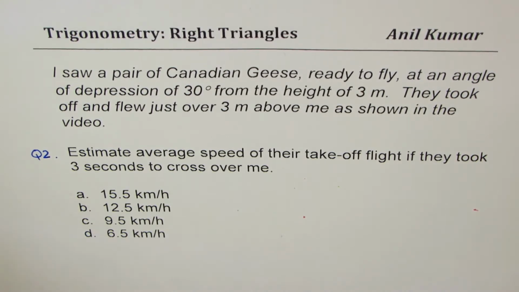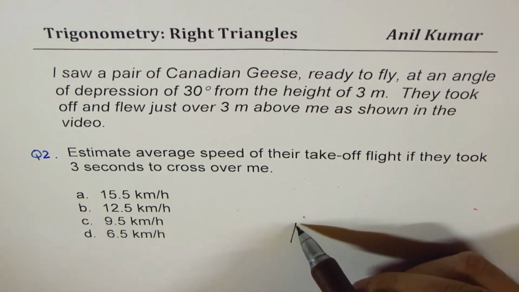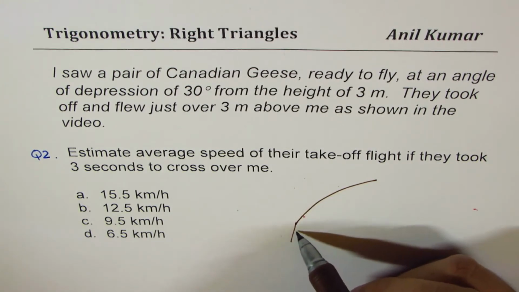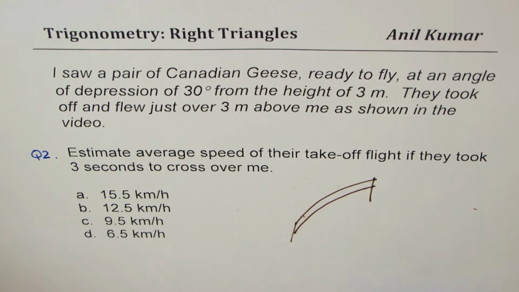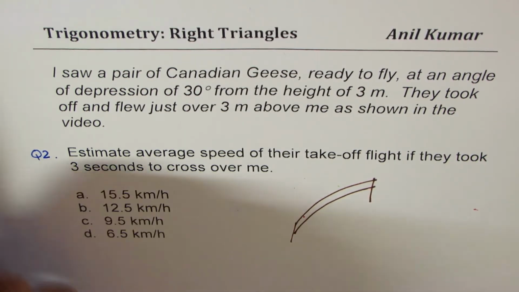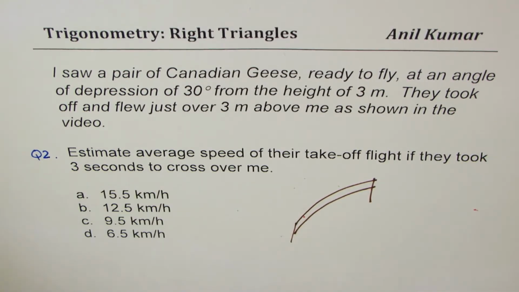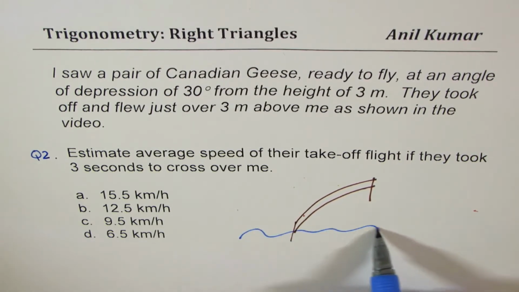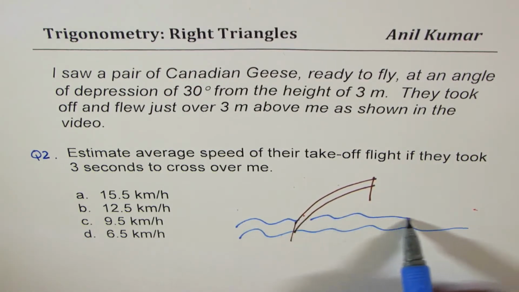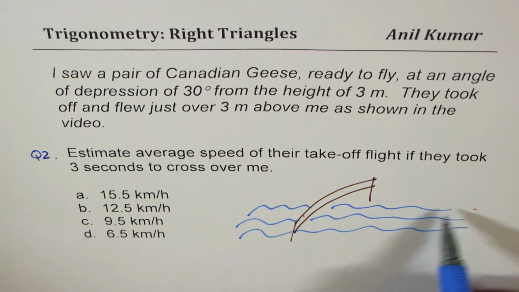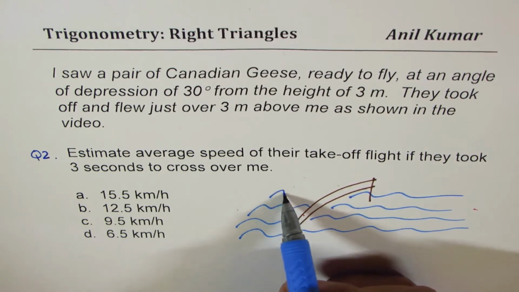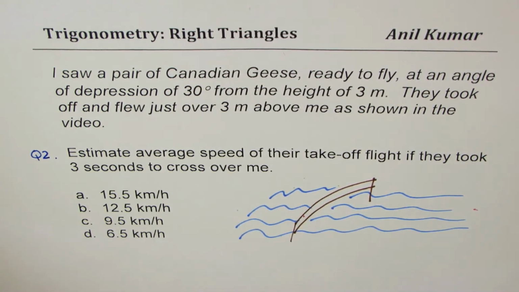So now you can take time, answer this question. Here is our figure. We made it like this, this is the bridge, right? And the river is flowing underneath. Correct? The geese, they went about 3 meters above me.